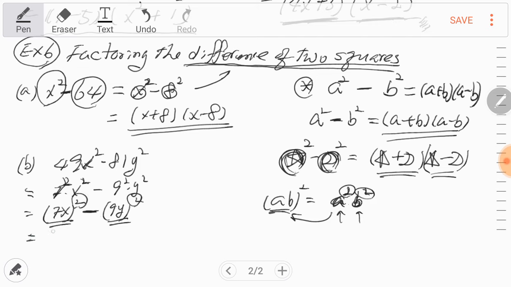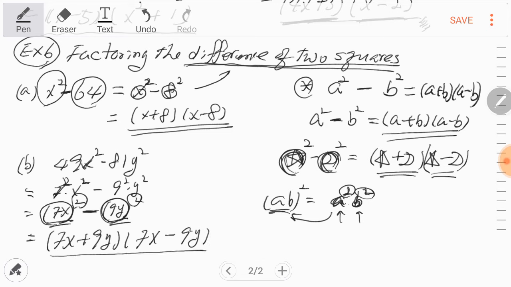So we can write star plus moon times star minus moon. So this is the star, 9y is the moon. So 7x plus 9y times 7x minus 9y. Done. Very simple. So always make sure if the binomial satisfies the difference of two squares.